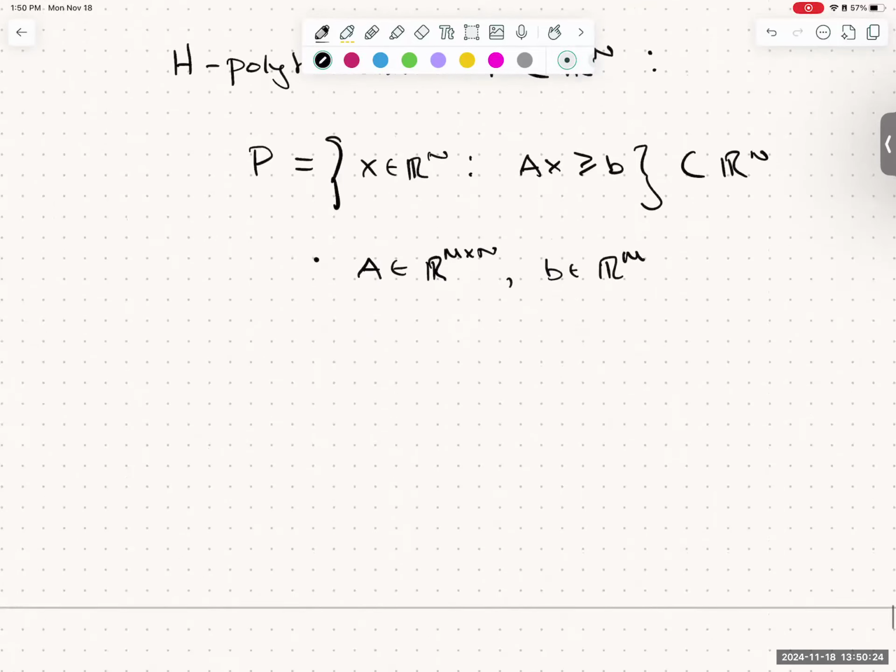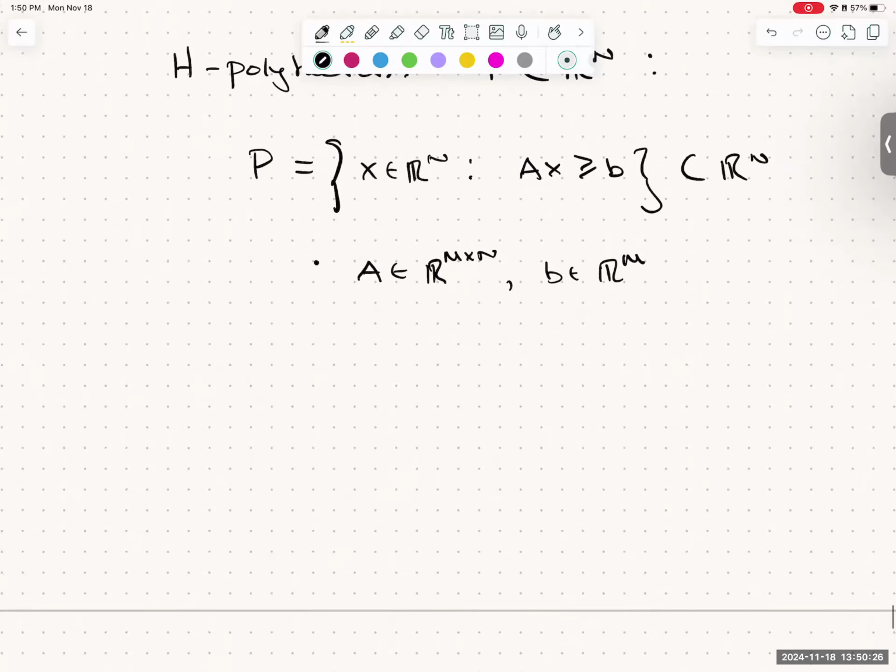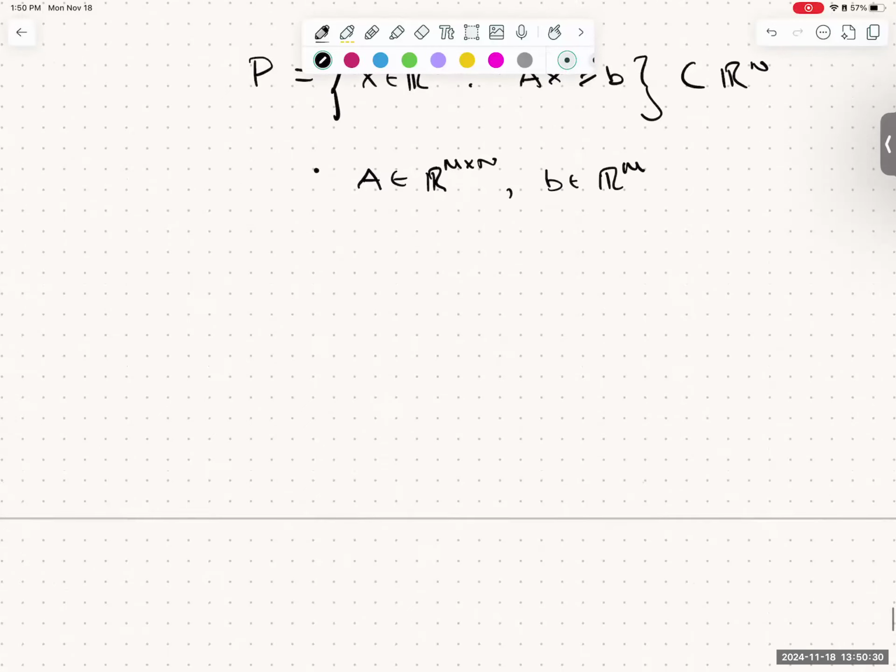So I have m of these, and this definition is sufficiently general that I can also include equalities, say something like ax equals b as being ax greater than or equal to b, ax less than or equal to b. So this H polyhedron covers cases where you also have these equality constraints.